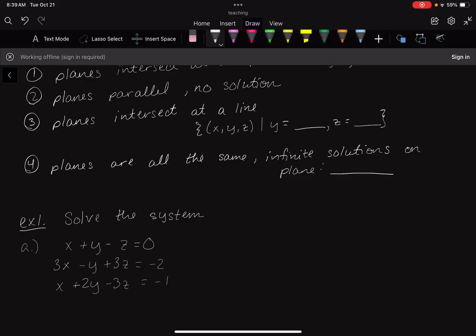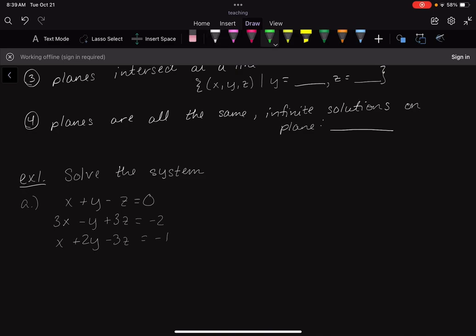And so right away, we can choose what variable we would like to cancel out. First, I would look through and see if there's any that point out to you that you could cancel out. But you also have to be aware that we're going to have to do this twice with two different equations.